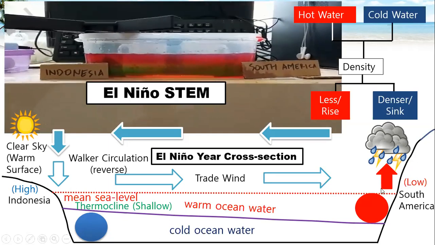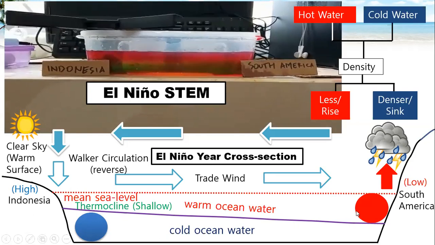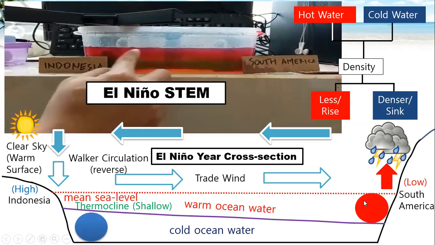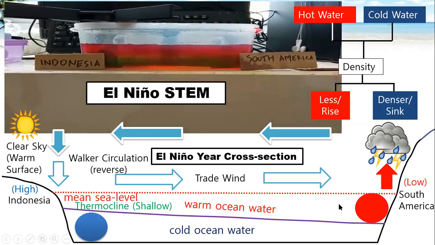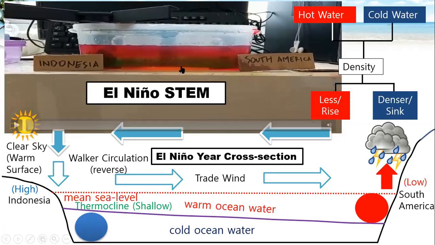Meanwhile, in South America, because warm water is pushed towards the east, warm water is located near the coast of South America. Because of warm water, the evaporation is higher. Evaporation might lead to convective clouds that will be followed by rainfall. That's why in South America during El Nino, they suffer from floods, while here in Indonesia we suffer from drought.